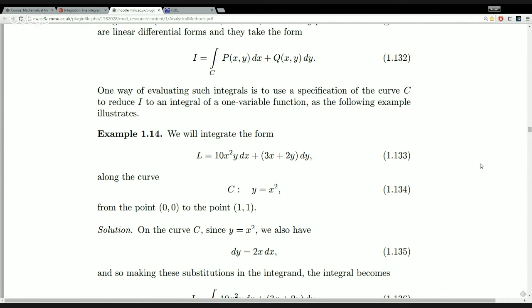So the way to do this is to use the definition of C to translate I into just one of the variables.